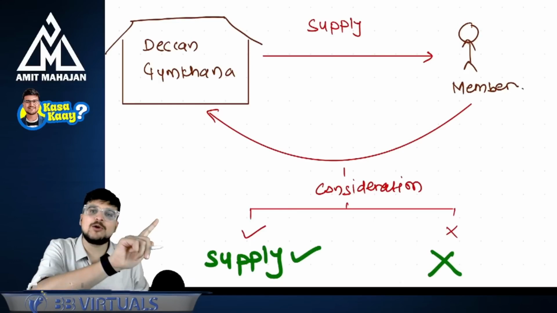TRIP: T is transfer, R is related parties or distinct persons, I is importation of service without consideration, and P is principal agent relationship. Then we saw 71A read with Schedule 2, that is talking about goods or service.